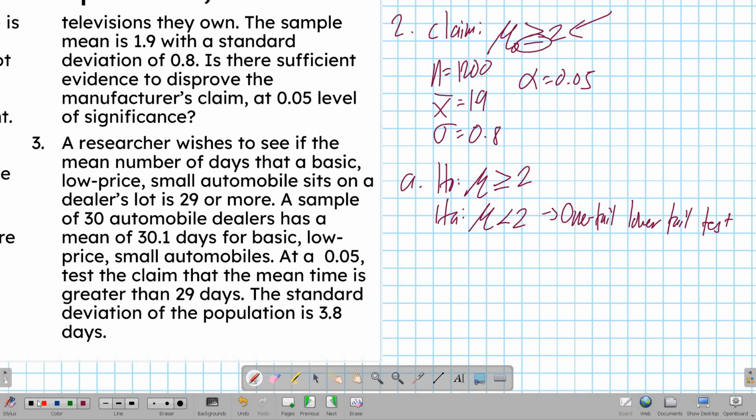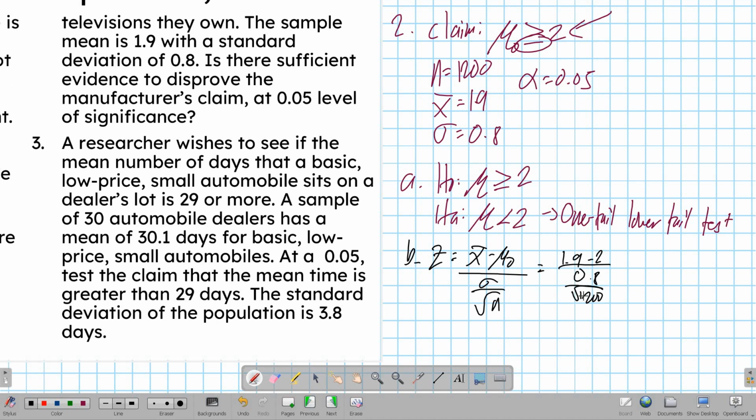Now we go to computation of the test statistic. Based on our formula, that is x bar minus mu sub 0 over sigma over square root of n, we're going to have 1.9 minus 2 over 0.8 over the square root of 1,200.